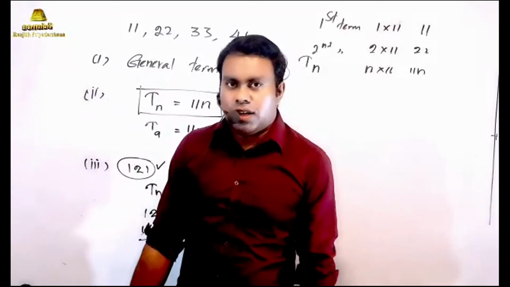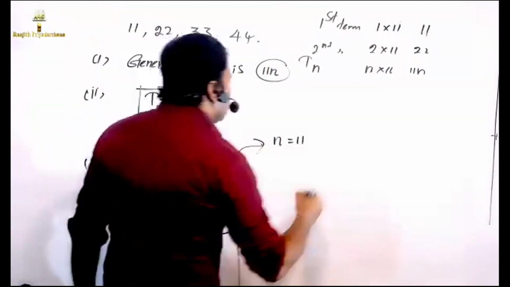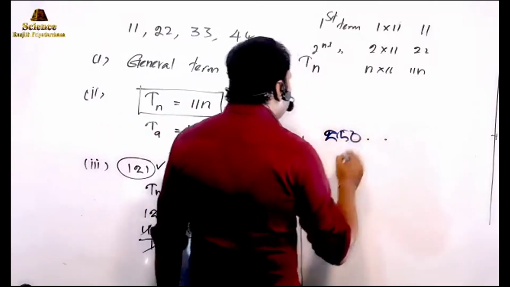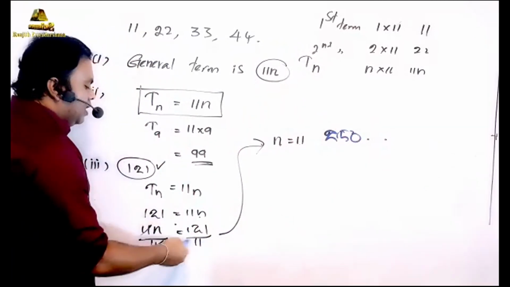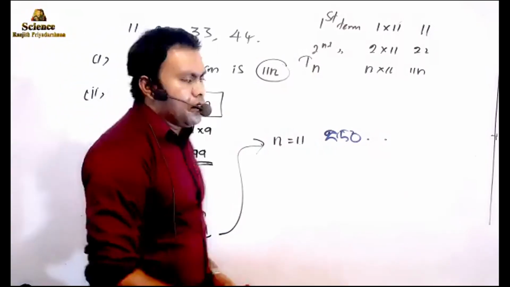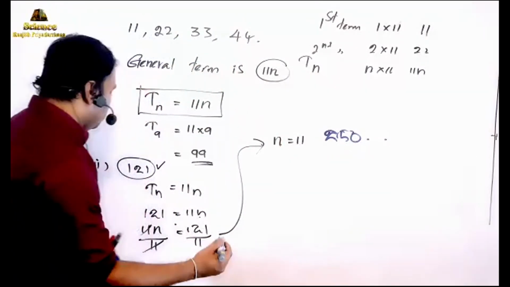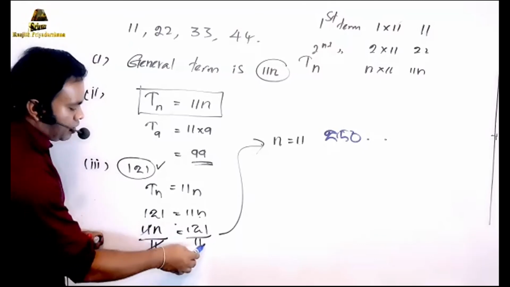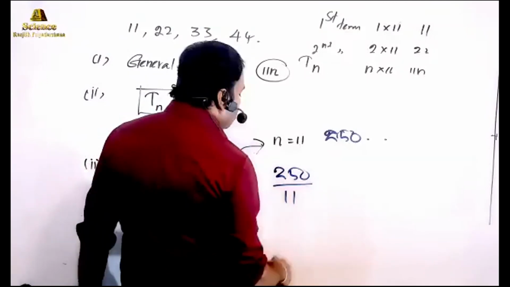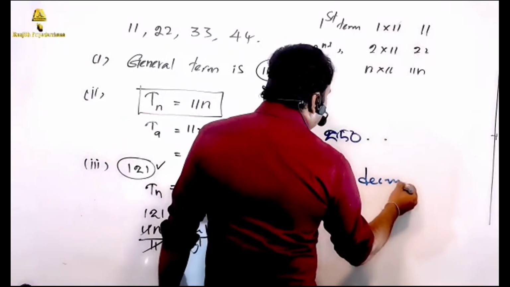There was one I gave at the end that was not relevant here: 250. Is 250 a term of this pattern? Which term? We apply this equation. If you divide 250 by 11, you come across a decimal or fraction.